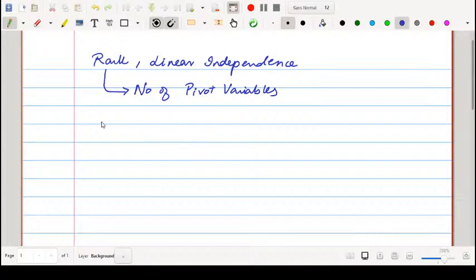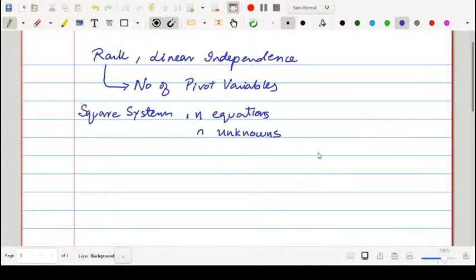Okay. And so let's talk about a square system. A square system, of course, means there are n equations and n unknowns.